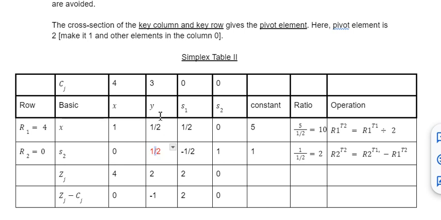Later on, this y will jump in place of S2, and the coefficient of y, 3, will jump in place of R2 equal to 0. In the next case, R2 equal to 0 will be changed into R2 equal to 3. Since we have the pivot element in this y column, it will jump into R2.